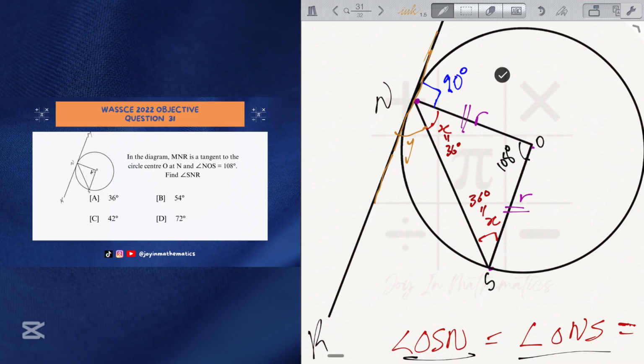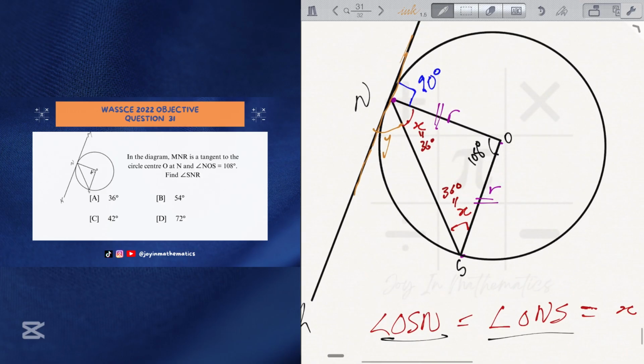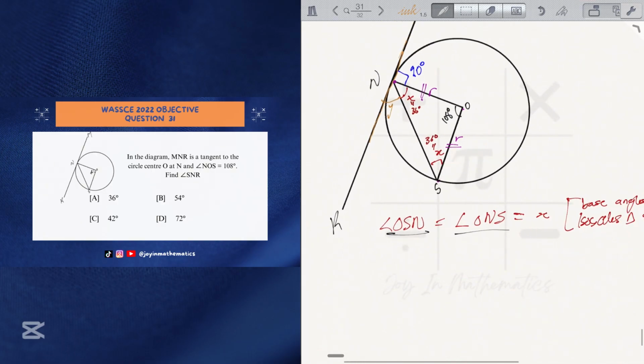So we have 90 degrees, which we have already explained in the previous question, and we have X to be equals to 36 degrees, and Y is what we're looking for. So we'll apply that and say 90 degrees plus 36 degrees plus Y is equals to 180 degrees.